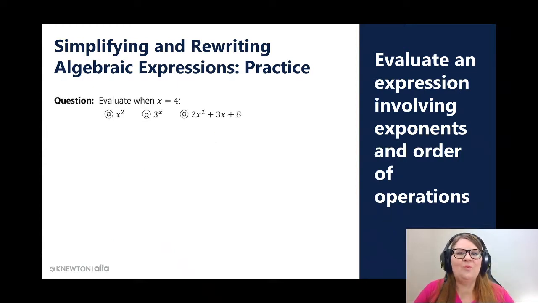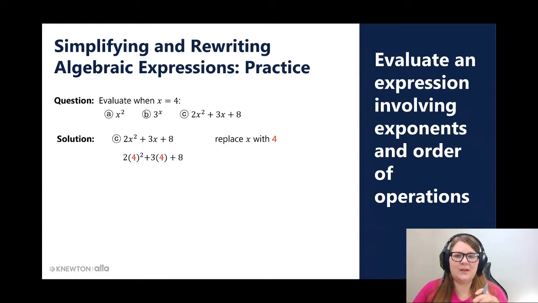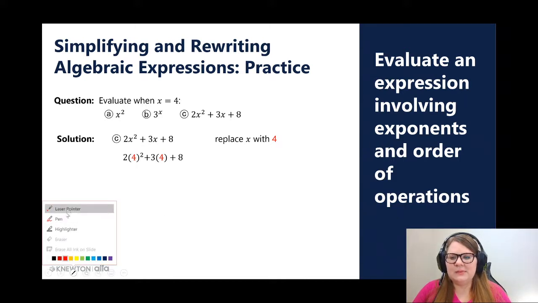All right. One more like this, we're going to evaluate part C, 2x squared plus 3x plus 8, when x equals 4. So notice here that there are multiple places for us to substitute an x value in. So we're going to replace the x in x squared with 4, and we're going to replace the x in the 3x with 4. Notice that I do put parentheses around each instance that I've substituted in.